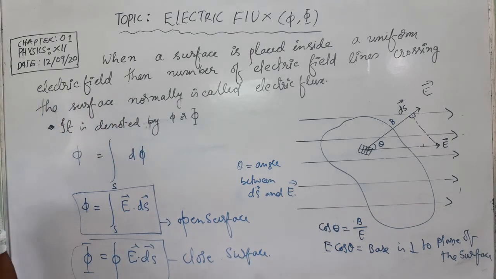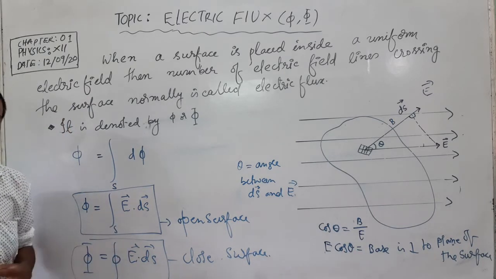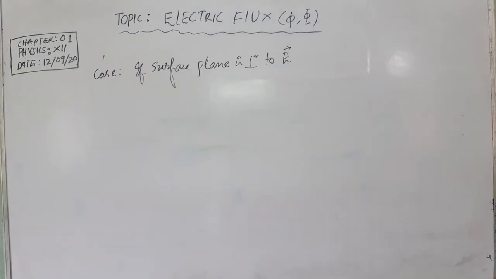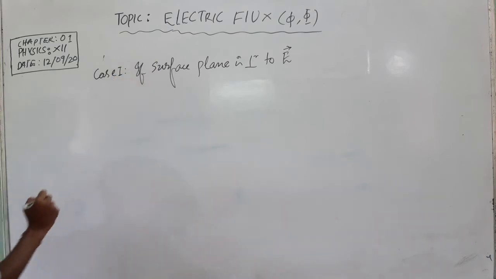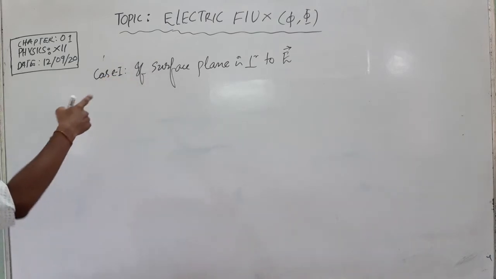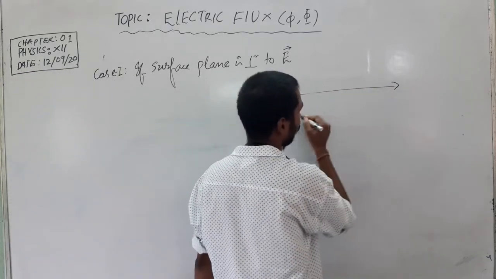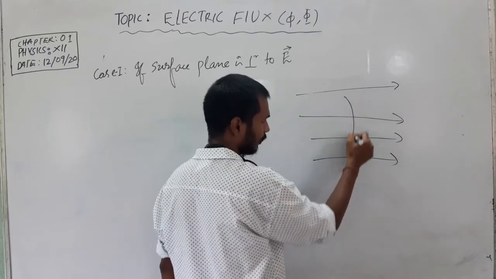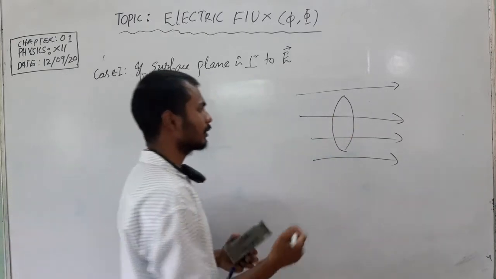Now we will study Gauss law. Our next topic is Gauss law. Now see, we will discuss some cases. Case 1: if the surface plane is perpendicular to the electric field, then what is the flux? For example, this is the electric field and the surface plane is perpendicular to it.